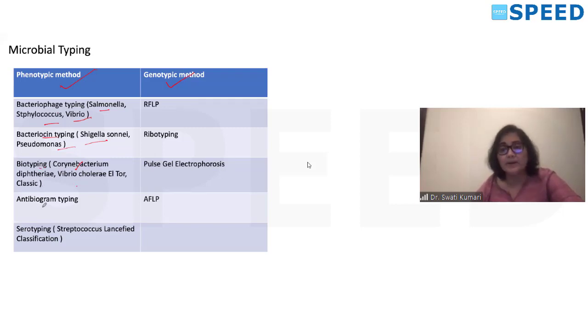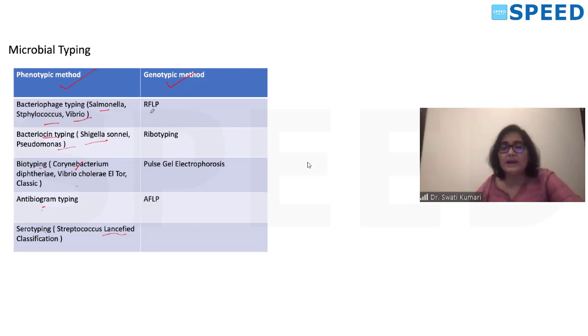Then you have antibiogram typing, which is practiced in hospital infection control. Then serotyping, like Streptococcus Lancefield classification is based on serotyping. So phenotyping: bacteriophage, bacteriocin, biotyping, antibiogram typing, and serotyping.